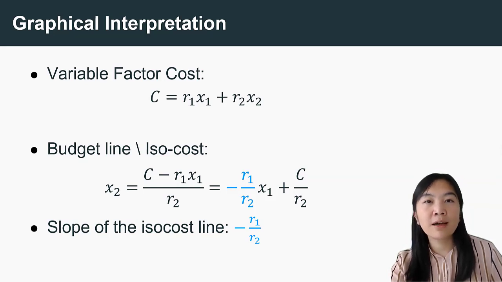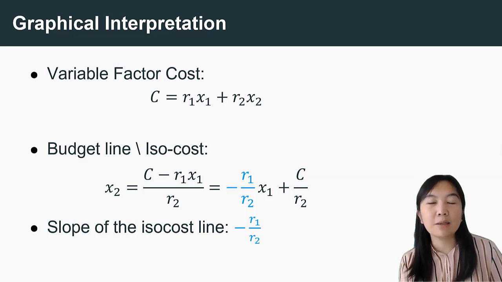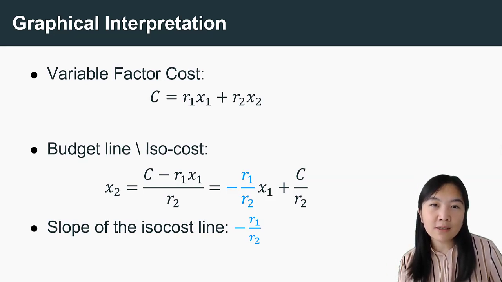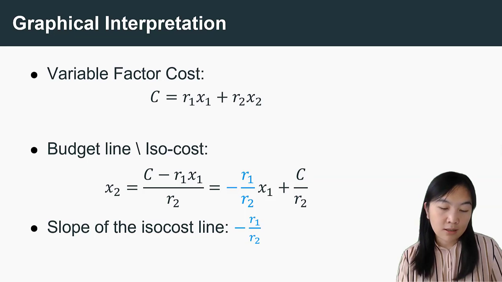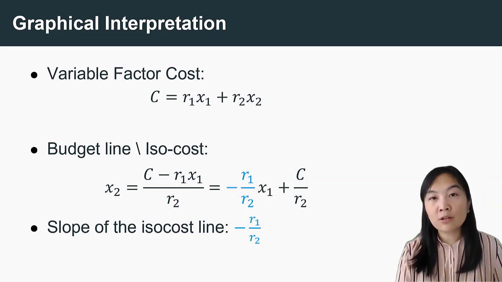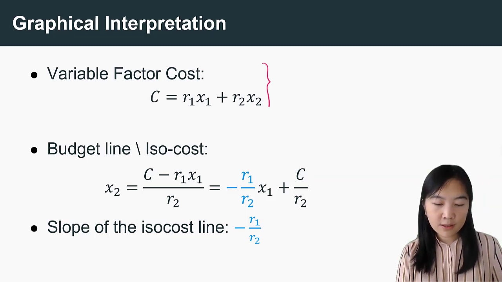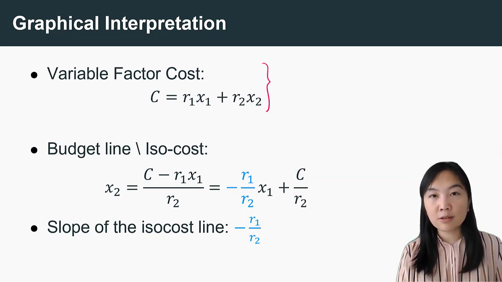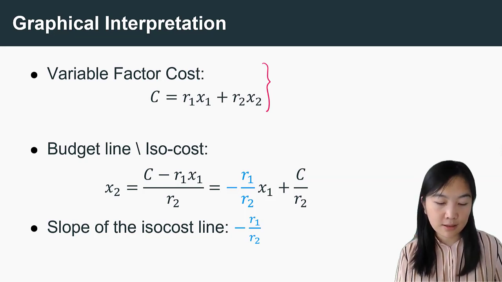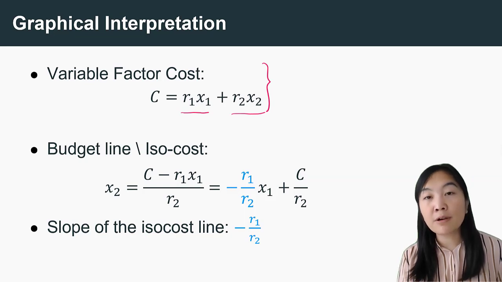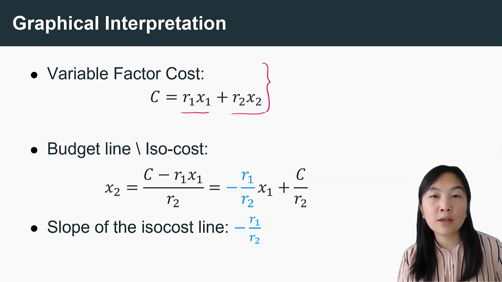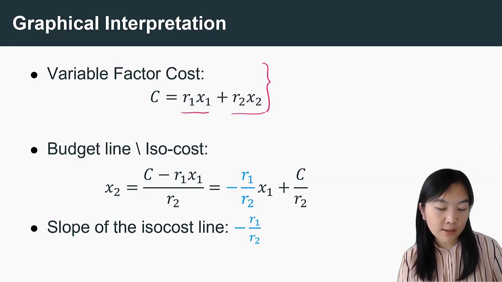But let's also have a graphical interpretation of that condition so that you have a better understanding of it, because it's really important. Before that, we need to introduce one more concept here. First is the variable factor cost that we have already mentioned, which is the input price times the quantity of the two inputs used, and then the summation of those two costs.